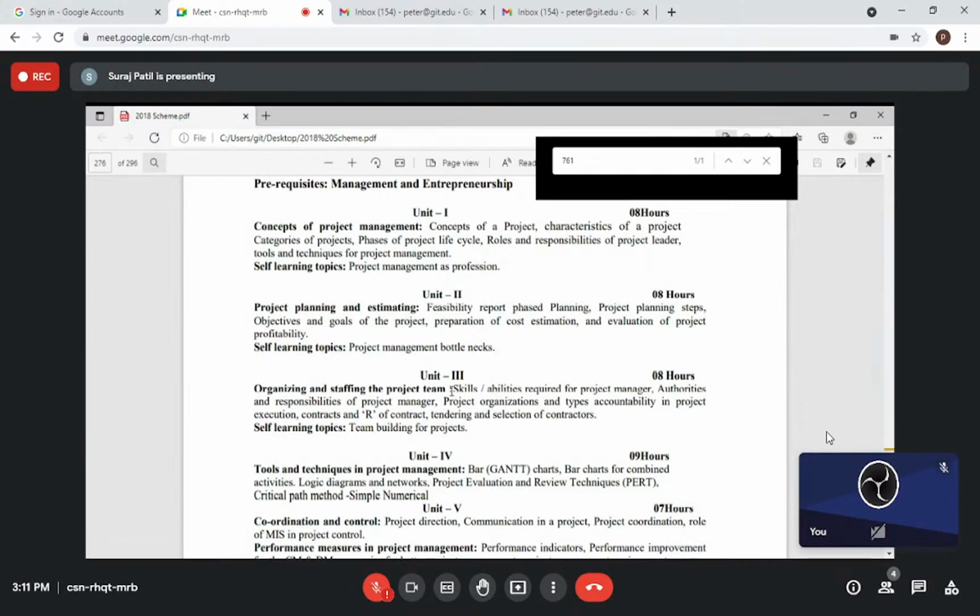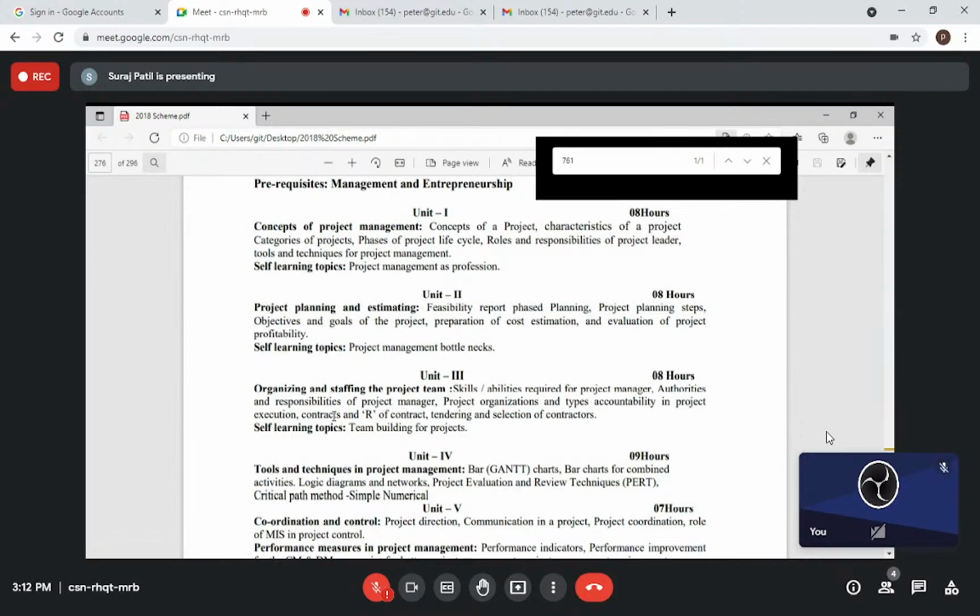Normally, if you take an example of any project, around 60% of the work will be done through contracting, and the other 20% will be done by the project leading team. That is what we are going to learn here.